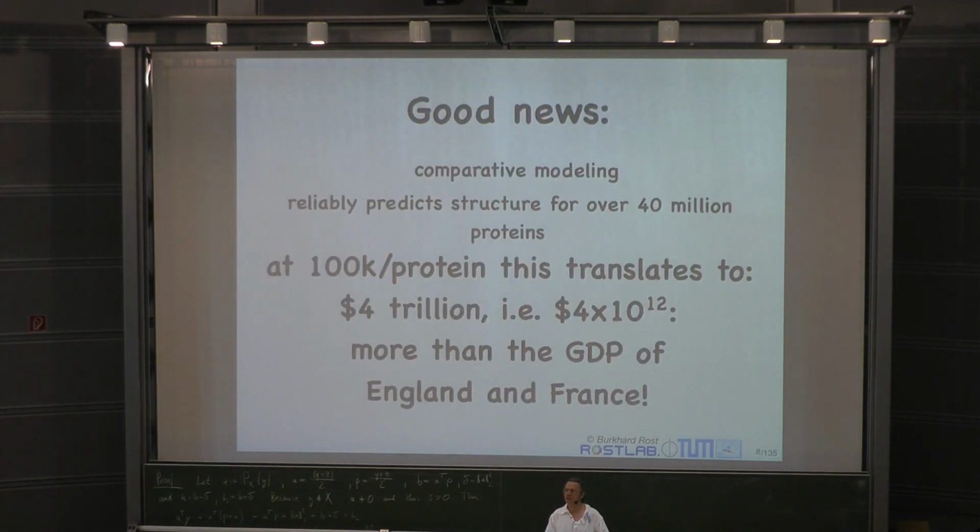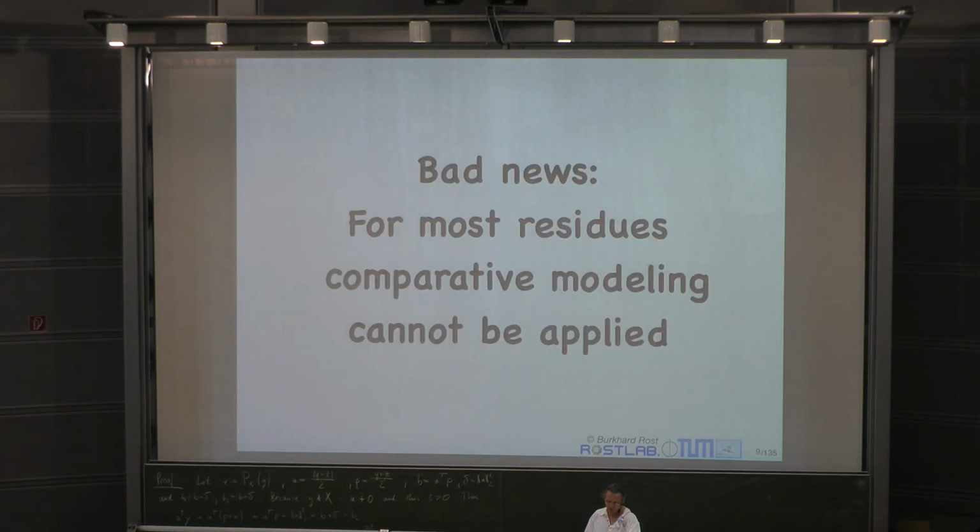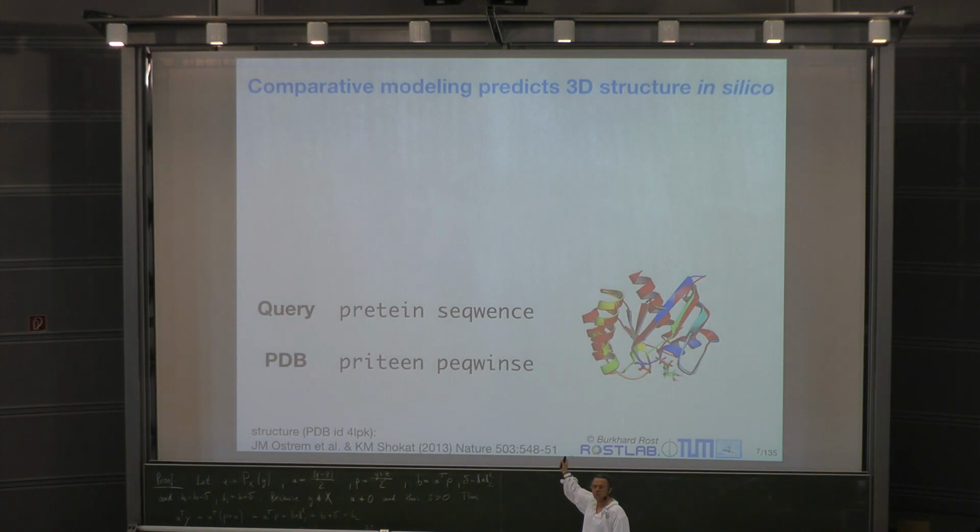Sorry, this is the slide I meant. 40 million models, how do we know that these 40 million models are right? And ultimately the answer is we don't. The way we convince ourselves that there is a certain level of accuracy is we pretend, for protein pairs such as this one, that one of the two I don't know, and then I build the model for the other one, and I see how well I do in correspondence to the level of sequence similarity I have.